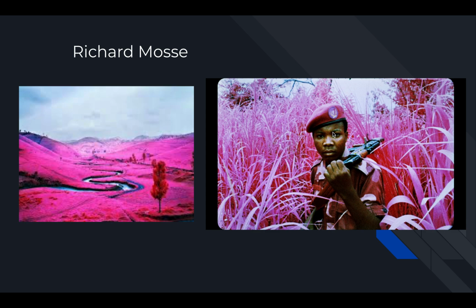But the infrared film was meant to have a military purpose, where you were able to catch anyone that may have been hiding. So, as you can see in the photo on the right, the person is popping out of the page. You can see them, whereas they may have blended more with the greens and the natural colors.